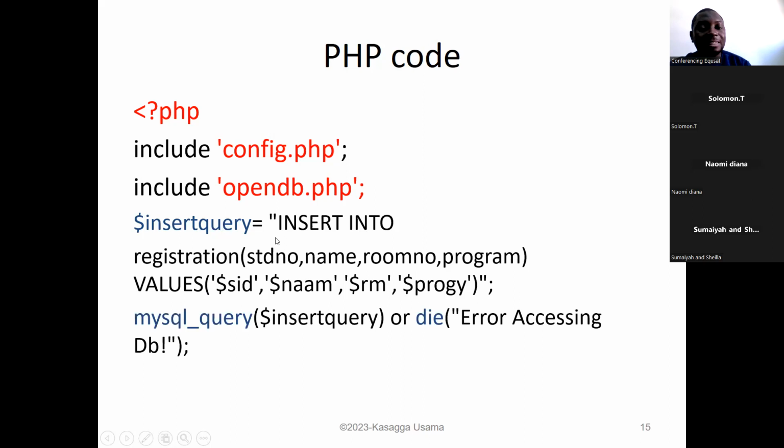When you're saying insert into what? Registration. That means within my database, I have a table called registration, and then it has the following key columns. And then the values that I'm going to be entering, I can also declare it somewhere here.